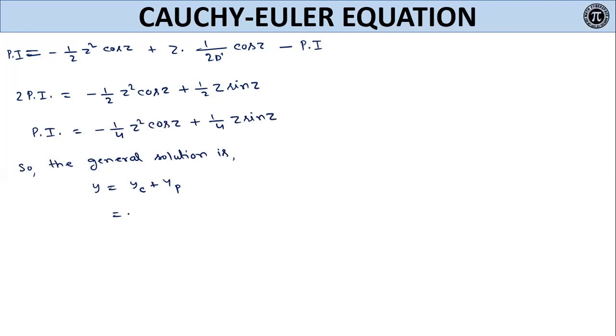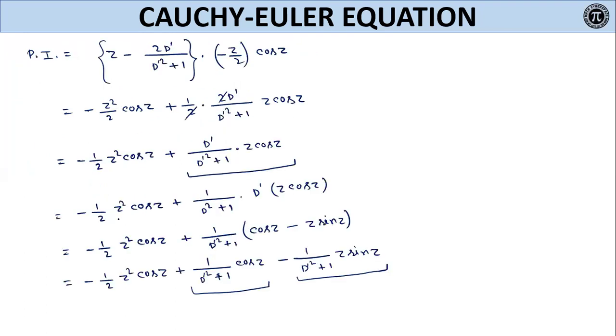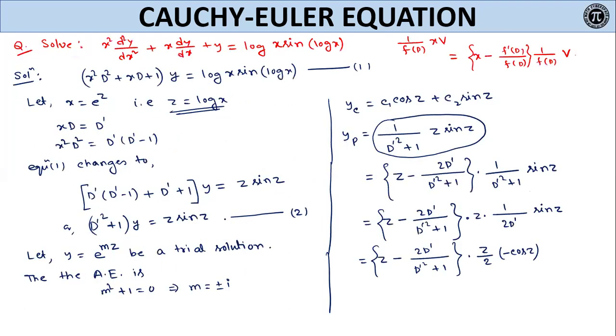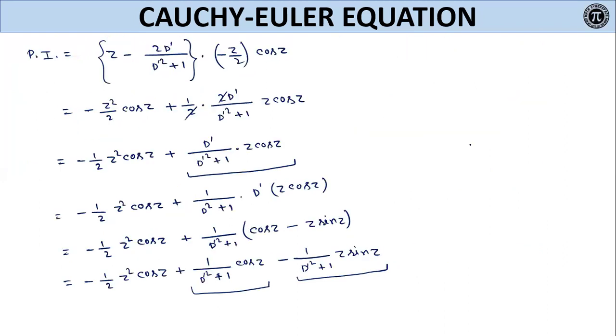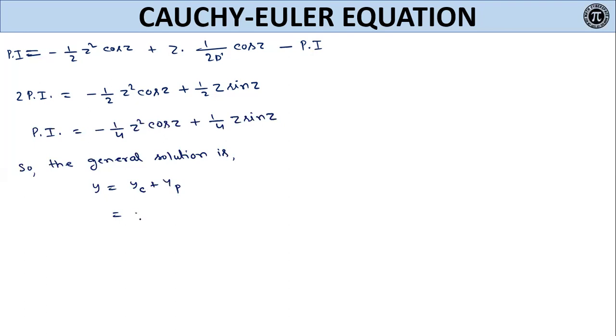So this is equals to, what was the yc? c1 cos z plus c2 sin z, c1 cos of z plus c2 sin of z. Okay, minus 1 by 4 z square cos of z plus 1 by 4 z sin of z.